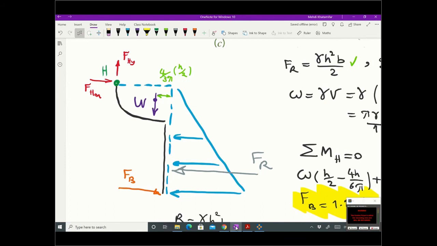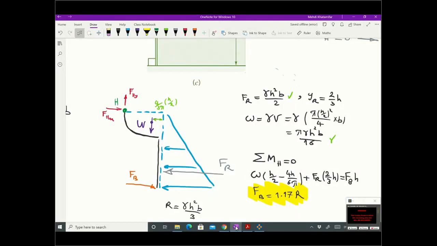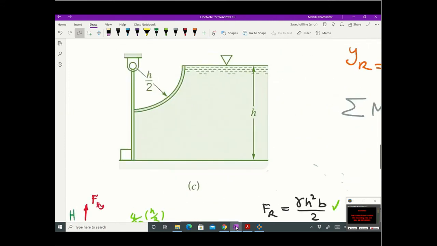So let's go for part C and finish this. We don't have that much time, so let's solve it in 3 minutes. This is our geometry. Very interesting. Now you're forced to separate, otherwise it's a bit difficult.